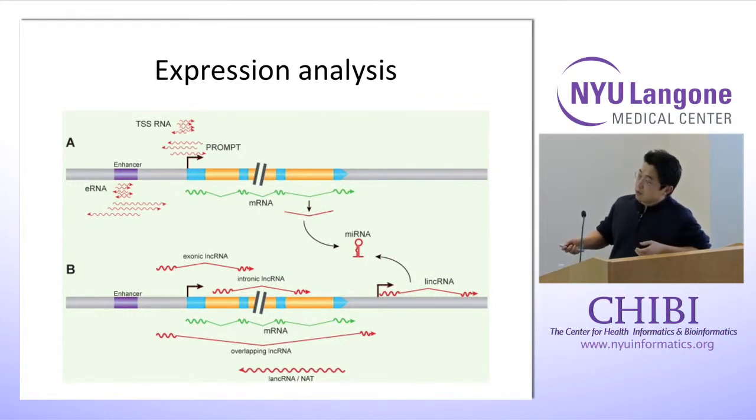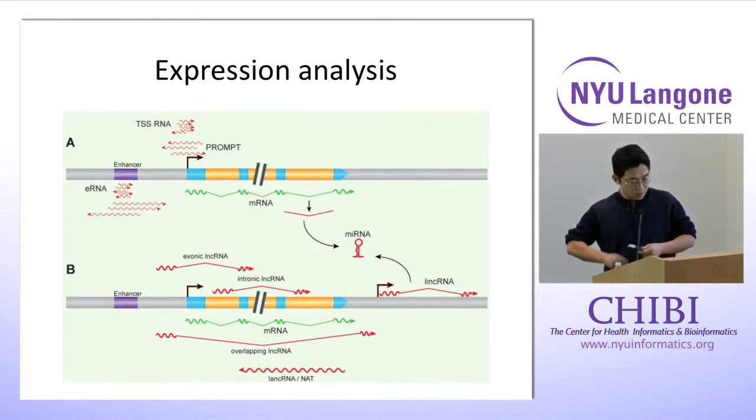Normally we have coding genes, but there are many non-coding short regulatory RNAs transcribed from enhancer regions and promoter regions, and transcripts can also come from non-coding intronic regions, intergenic regions, overlapping gene regions, and some antisense transcripts.